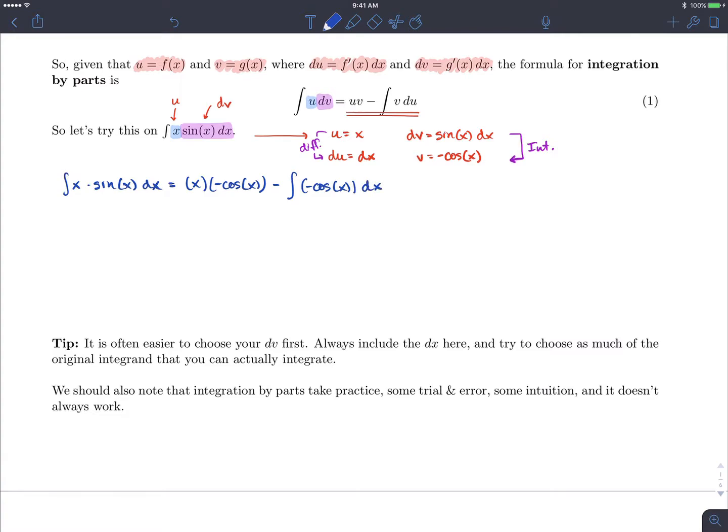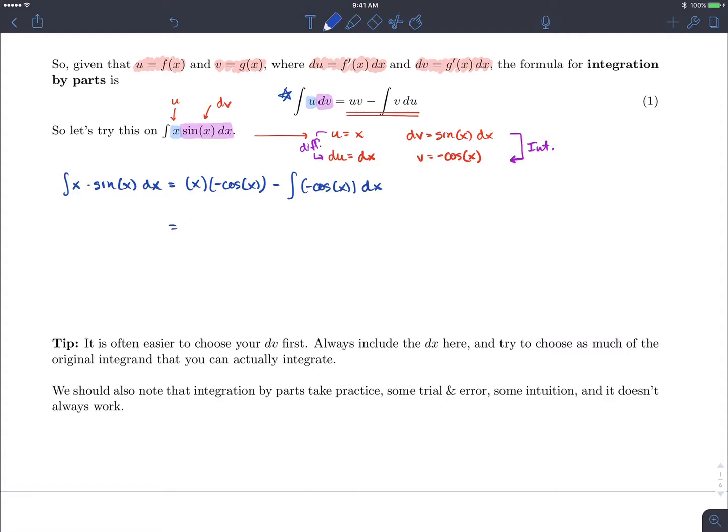Take a minute and make sure that you're okay with what we've set up here. We've essentially just applied the formula for integration by parts using these four parts that we've collected: u, du, dv, and v. Now it's a matter of cleaning up and dealing with that next integral sign.